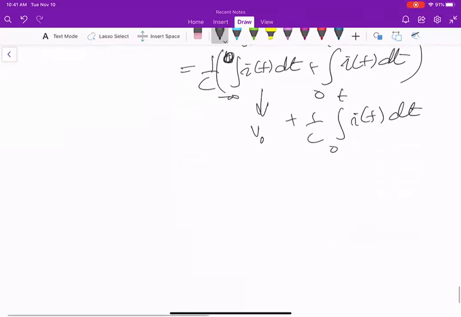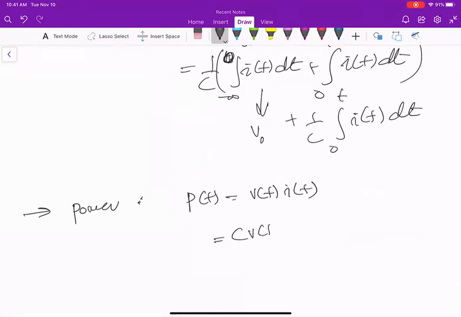Another thing we want to define is power. We know that power is V of t, I of t, which in this case will become this.